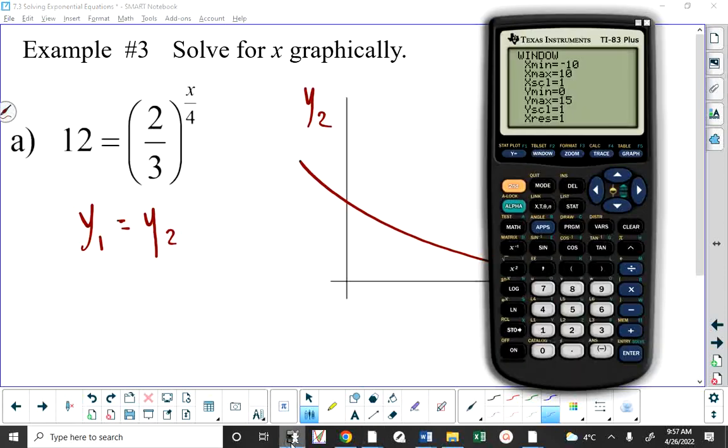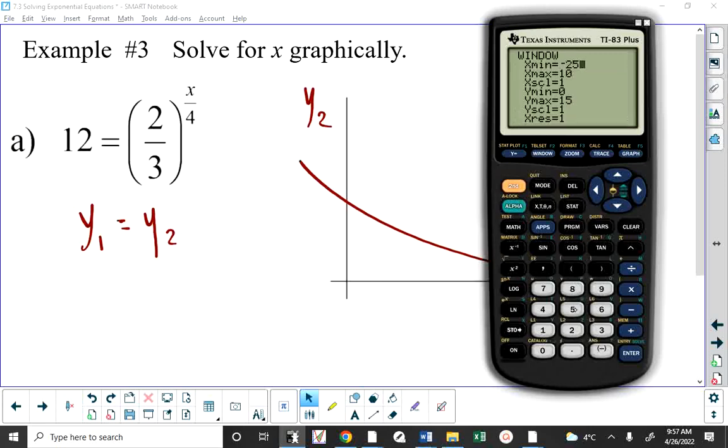Well, let's just hit graph at this point in time. See where we're at. There's 12. There's y2. Well, clearly they're going to intersect someplace way over on the left. So I'm going to go to my window settings and go from -25 to 10.